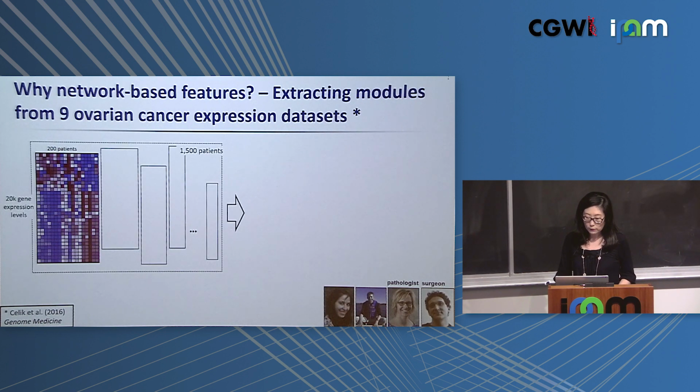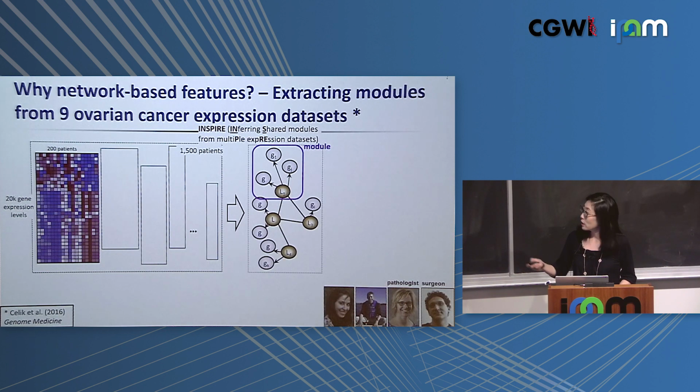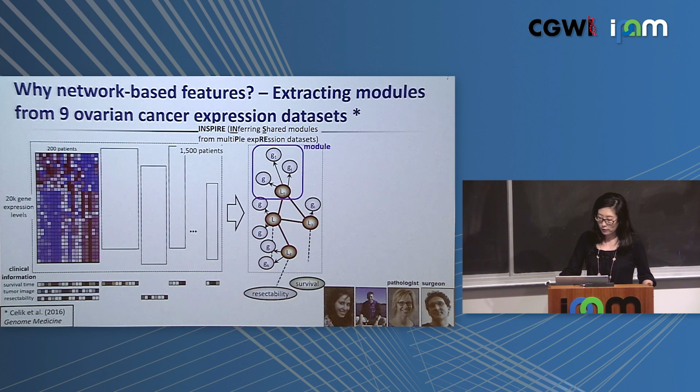For instance, we developed the INSPIRE method to learn a conserved module network based on multiple expression data sets from different studies, different microarray platforms, some of them RNA-seq. And then we linked latent variables, each representing a module, to clinical variables, so we can better characterize the module and identify markers inside the module for these clinical variables.